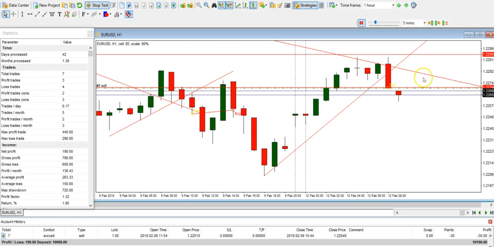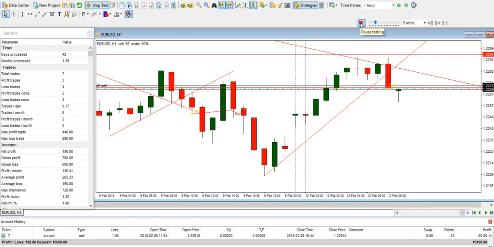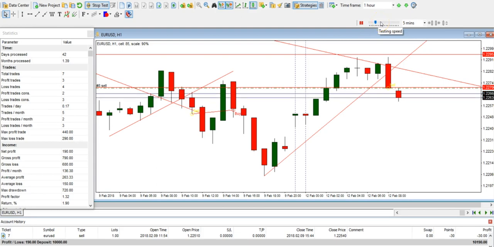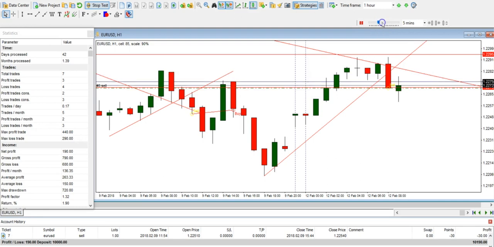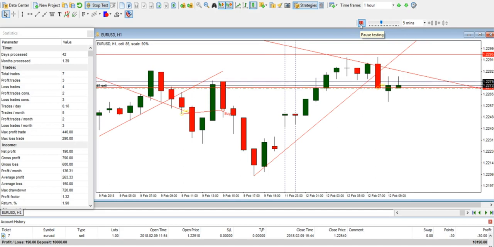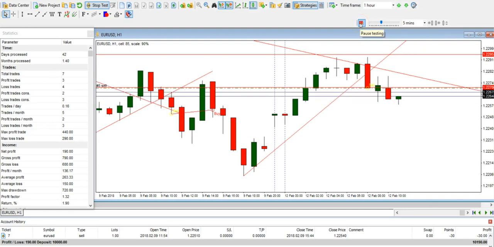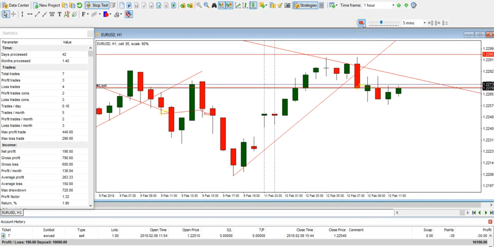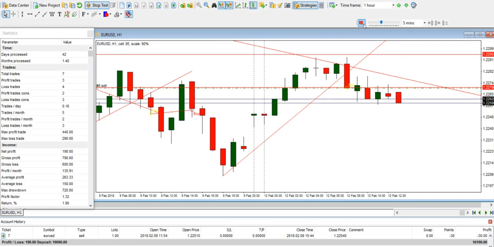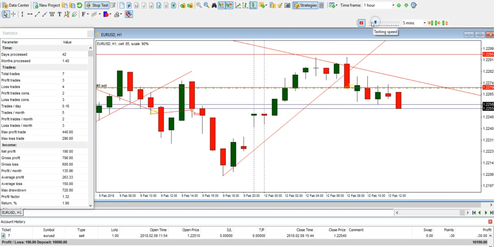Right, so it's always good to know how many pips a spike down is, sorry. Okay, so slow her down, right?